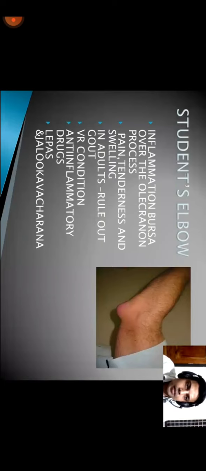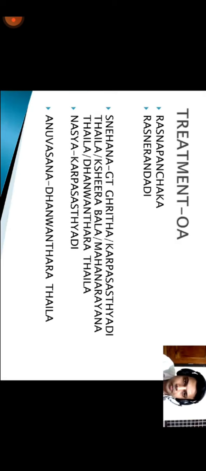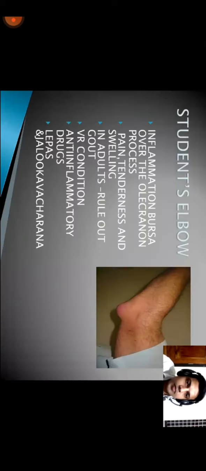The next is student's elbow or olecranon bursitis. Inflammation of the bursa of the olecranon process. Pain, tenderness, and swelling will be there. Here we can see the redness and swelling. In adults, rule out gout, because it is one of the sites of accumulation of gouty tophi.